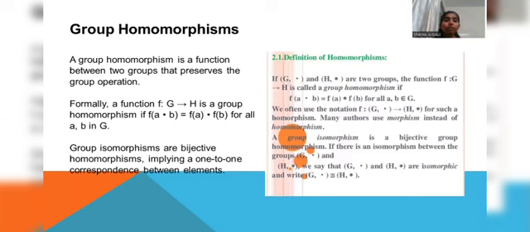The next up we have group homomorphisms. So what does group homomorphism actually mean? A group homomorphism is a function between two groups that preserves the group operation.